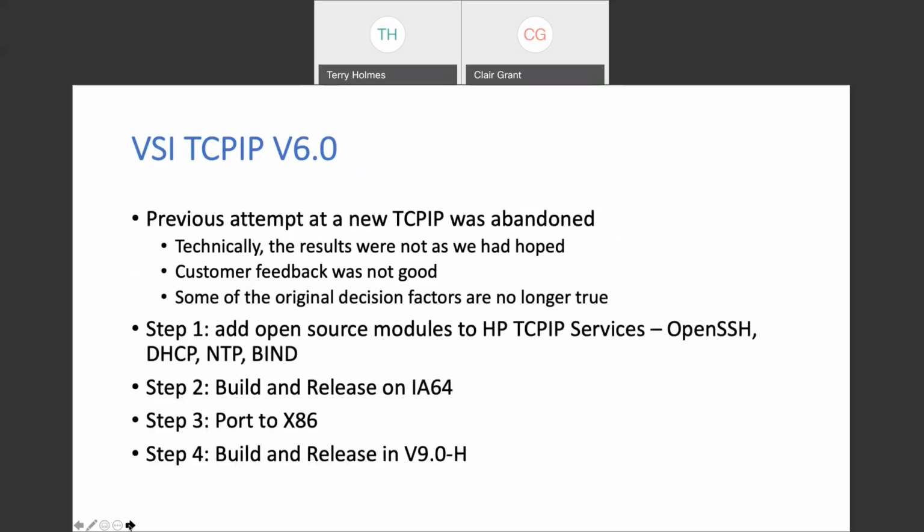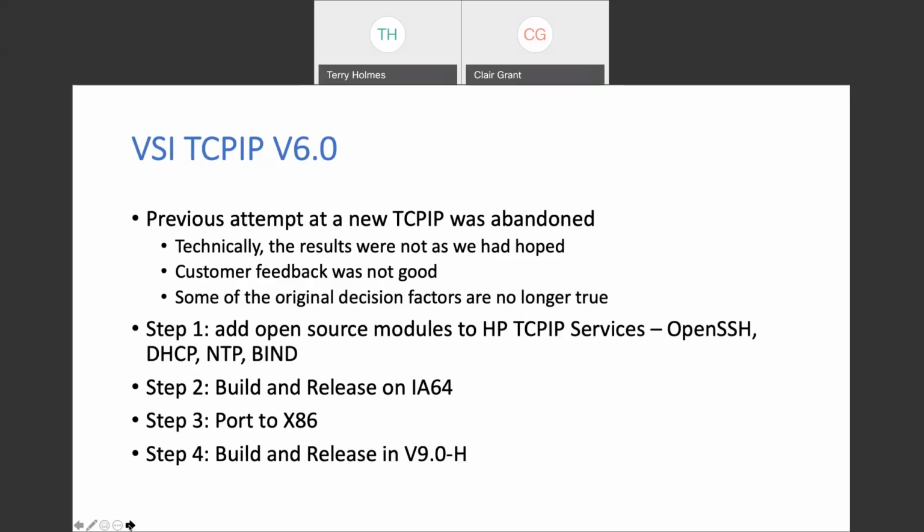So a few words about TCP/IP. This has been a long road, extremely bumpy too. We had to abandon something that we had worked on for a long time. Couple reasons. Technically, it just didn't turn out the way we had hoped. And customer feedback was not good. Also, some of the reasons that we did what we did were no longer stumbling blocks for us.